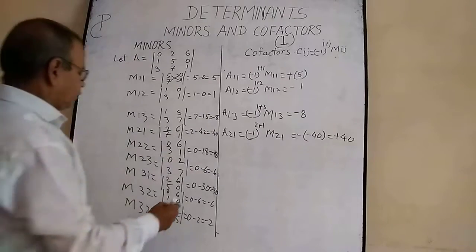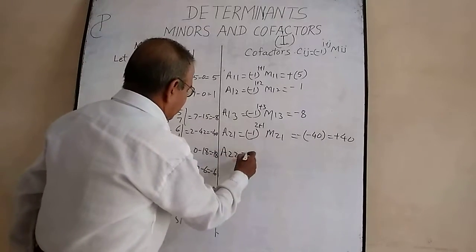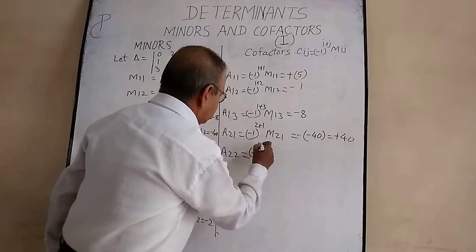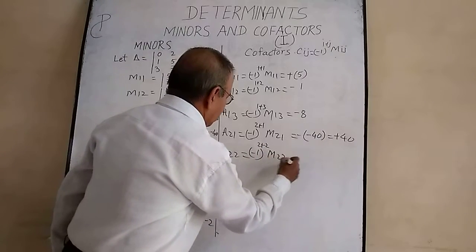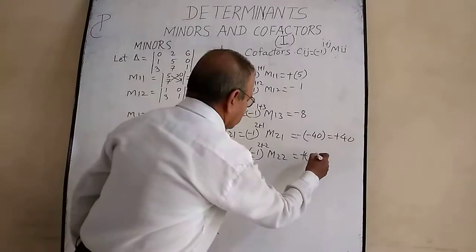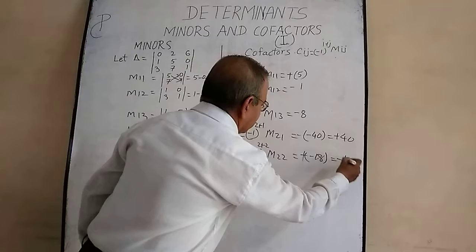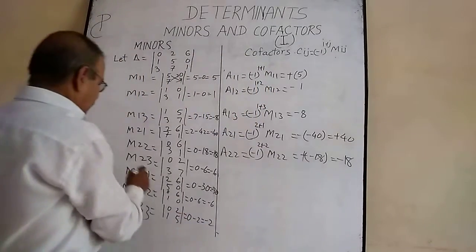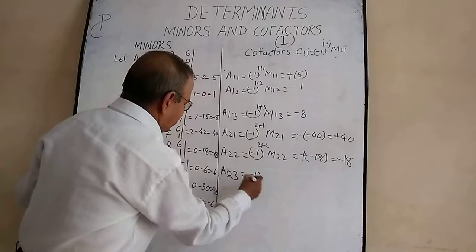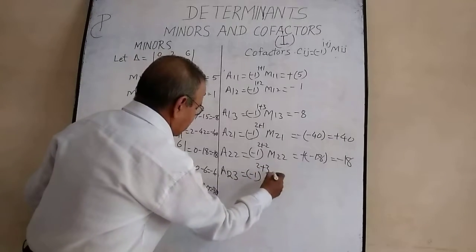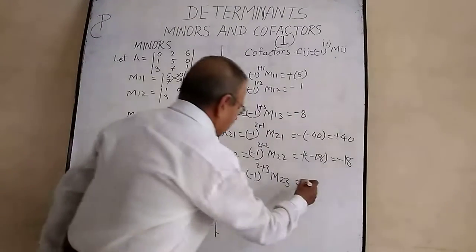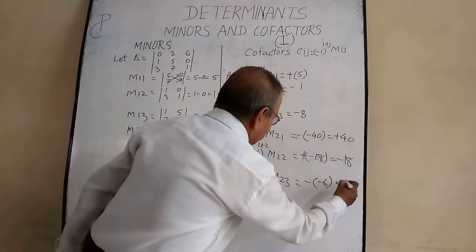What about M22, meaning A22? The cofactor is minus 1 to the power 2 plus 2 times M22, which is equal to plus, that is minus 18. Then A23 is minus 1 to the power 2 plus 3 times M23, and that is equal to minus 6, which becomes plus 6.